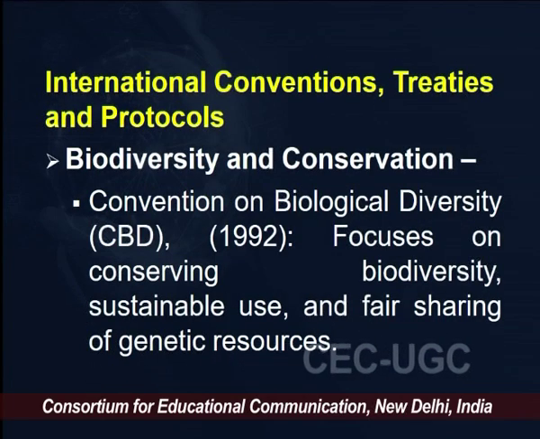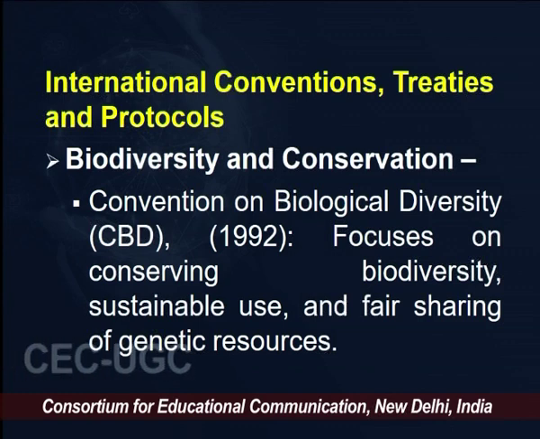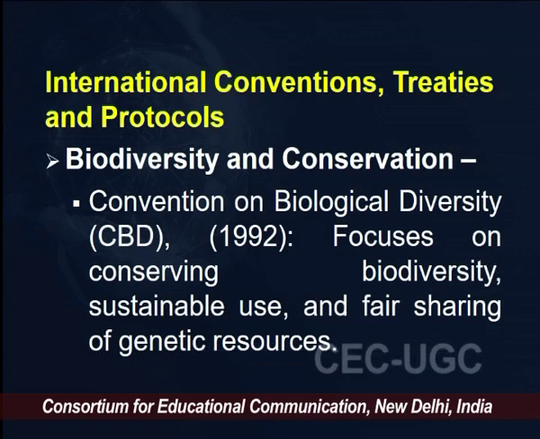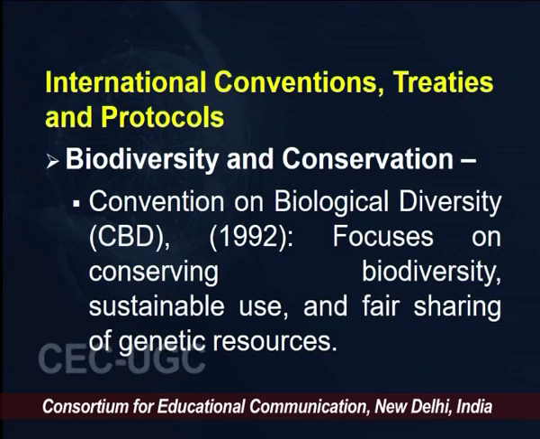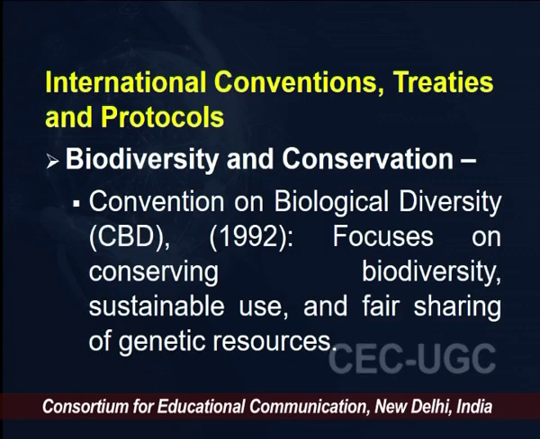Then biodiversity and conservation is another issue on which conventions took place. So, one was the Convention on Biological Diversity, CBD, 1992. It focused on conserving biodiversity, sustainable use and fair sharing of genetic resources.